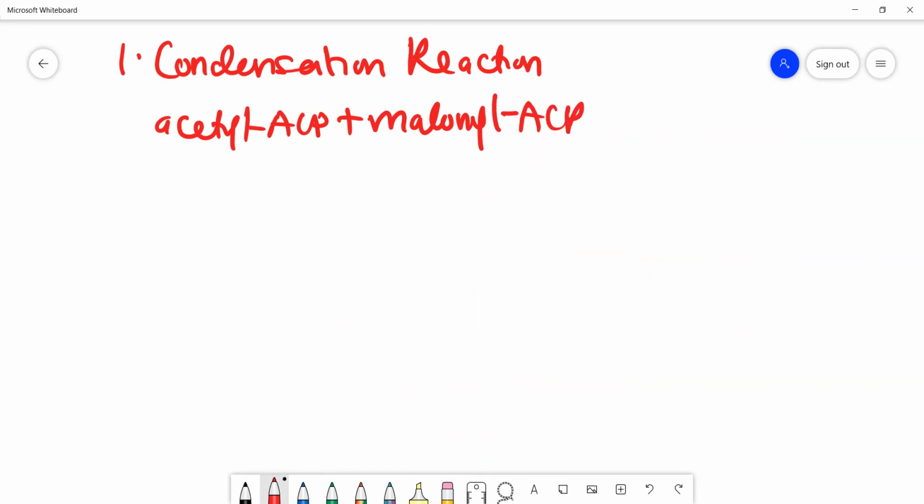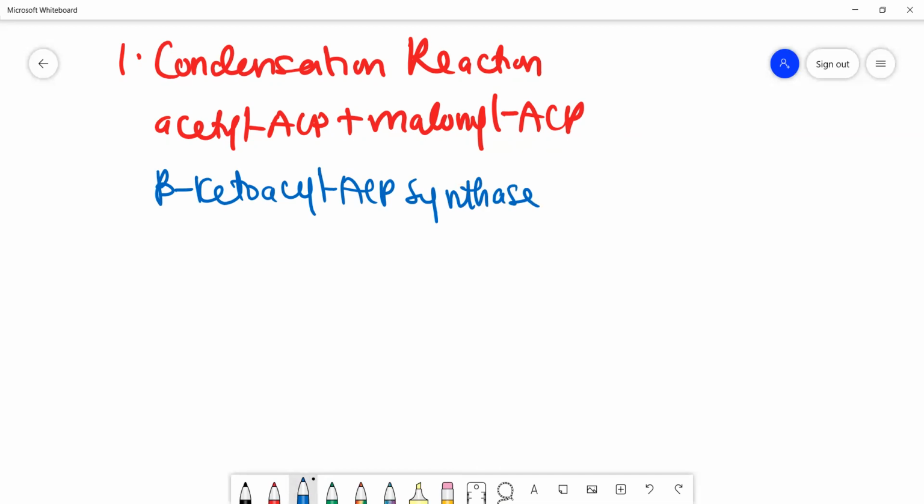Now, this reaction is going to occur at the active site of the enzyme beta-ketoacyl ACP synthase.